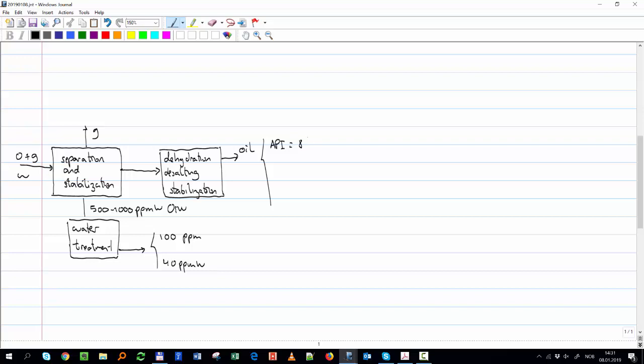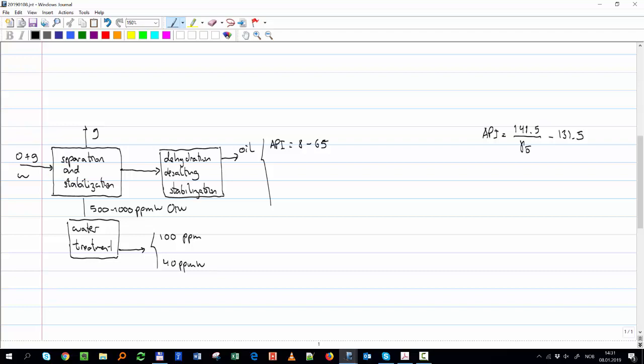There are some fields that have a very light oil, all the way to 65. Remember the formula. What was API equal to? 141.5 divided by gamma, the specific gravity of the oil, minus 131. Is that correct?